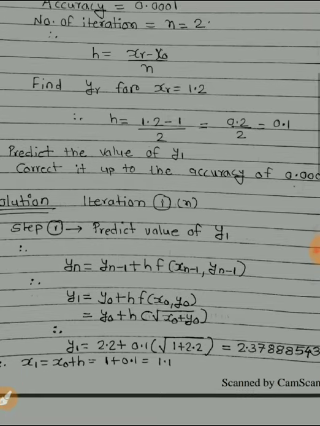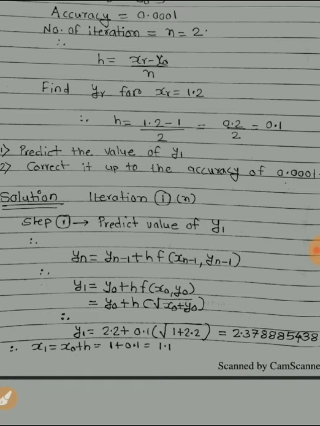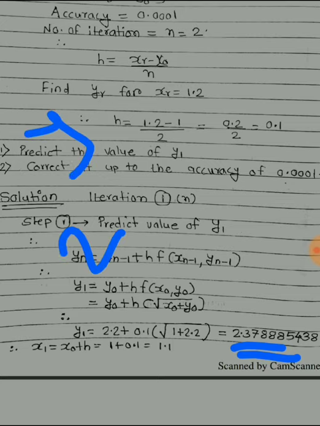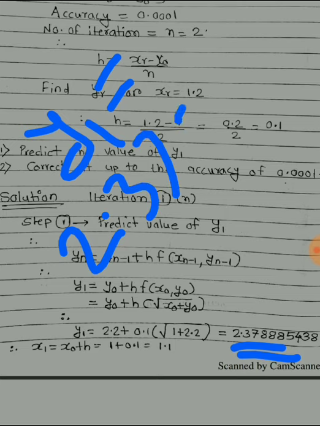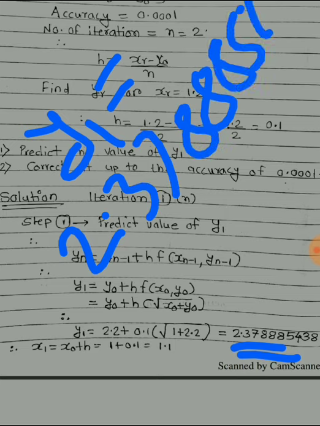Now in this equation I am going to put the values. Which values? The value of y0, which is 2.2, then h is 0.1, then x0 is 1 and y0 is 2.2. If you put all those values, then we'll get y1 equals 2.378885438.